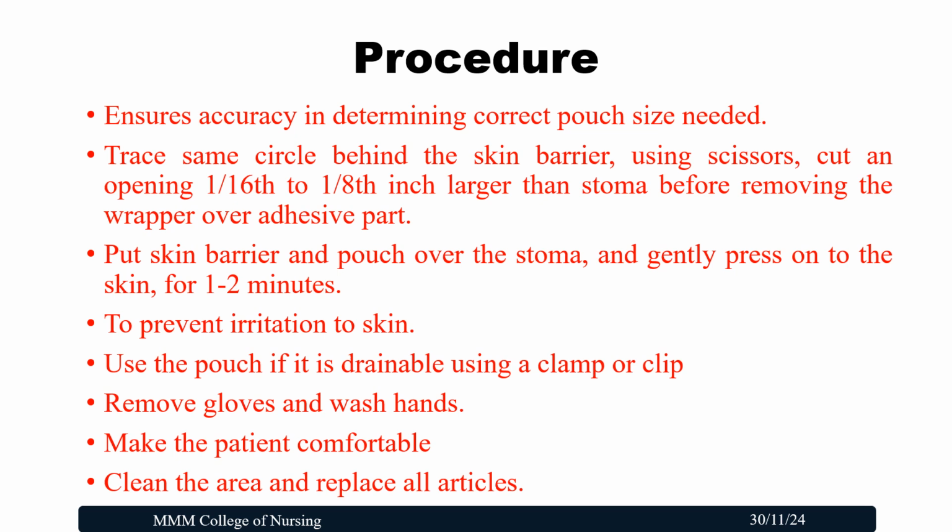Put the skin barrier and pouch over the stoma and gently press onto the skin for 1 to 2 minutes. To prevent irritation to the skin, if the pouch is drainable, use a clamp or clip. Remove the gloves, wash hands and make the patient comfortable. After that, clean the area and replace all the articles.